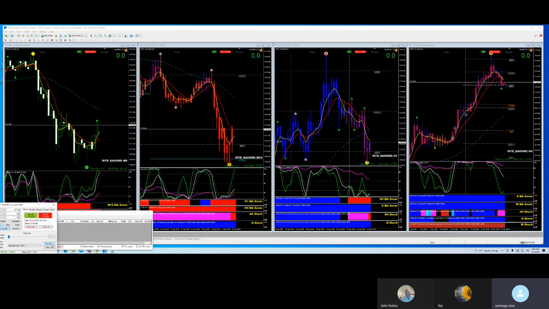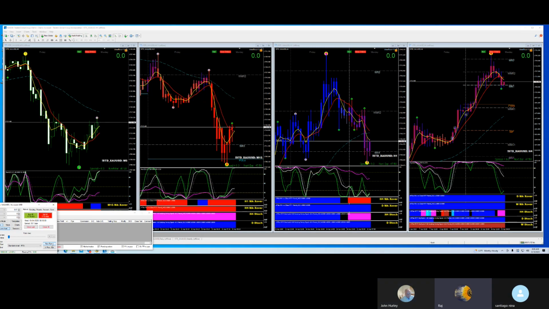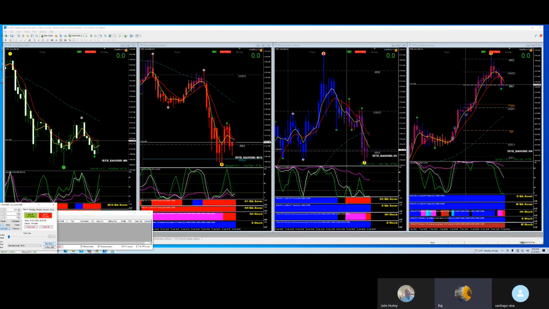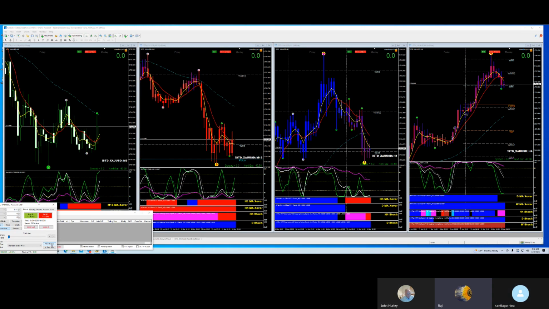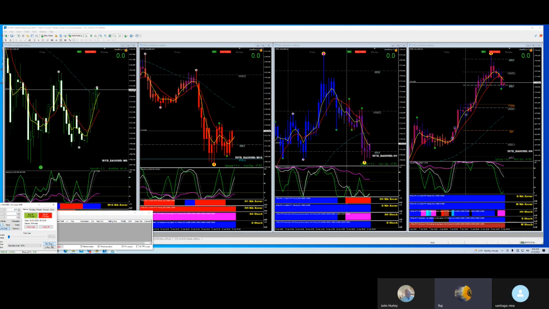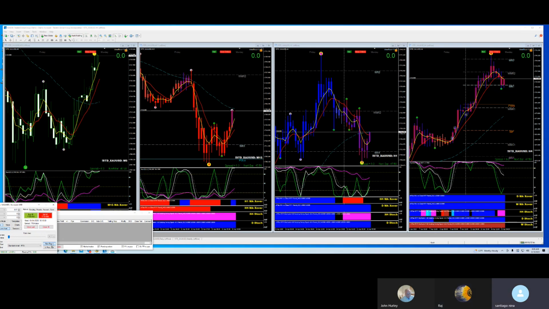I'm surprised the daily hasn't at least turned color. Once it does a change of direction on the 4, it'll start to turn. It'll go black.